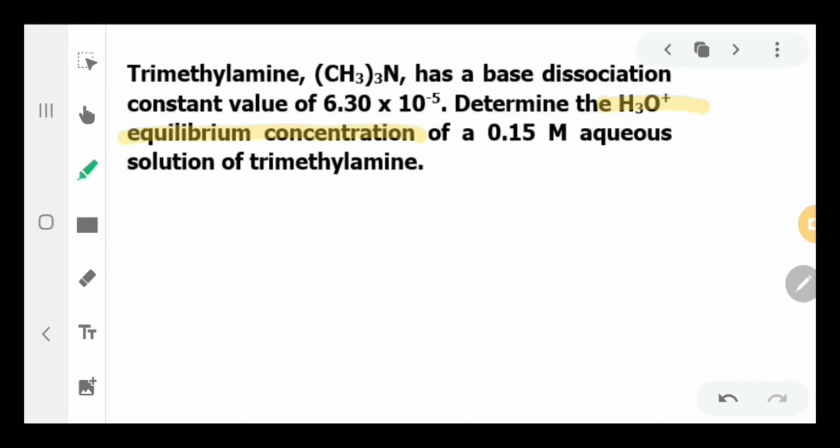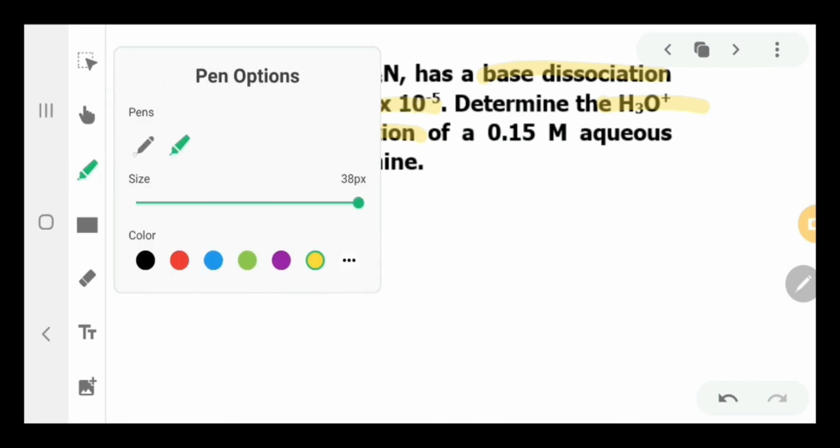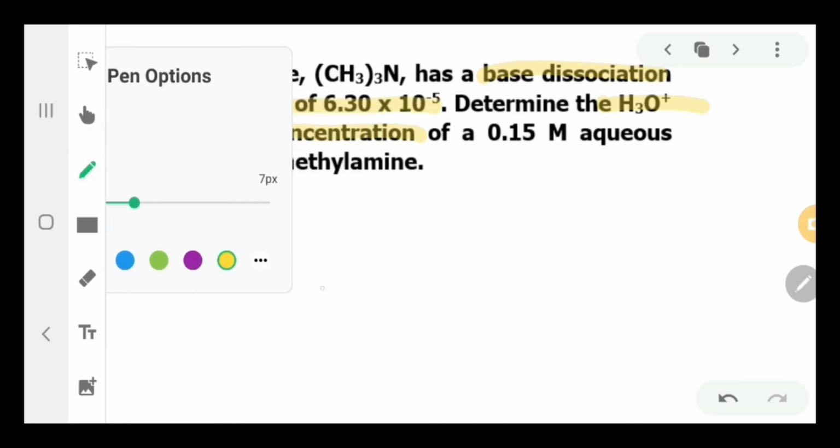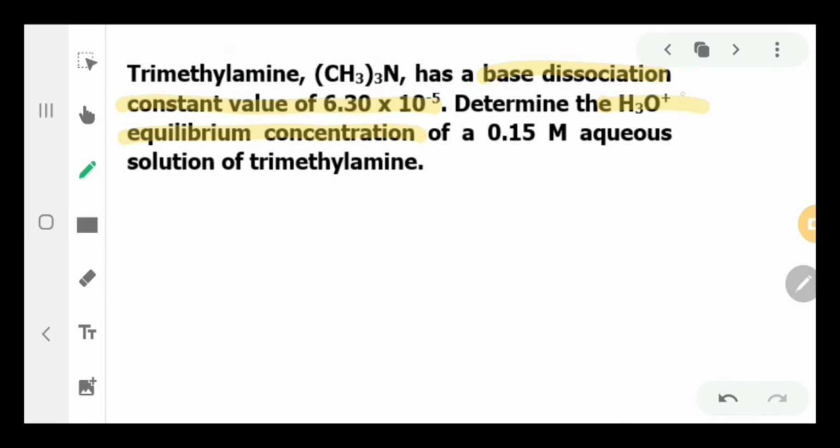Okay, so when you have concentration at equilibrium, and then you have the base dissociation constant value, those are the clues for the ICE table we need to use.